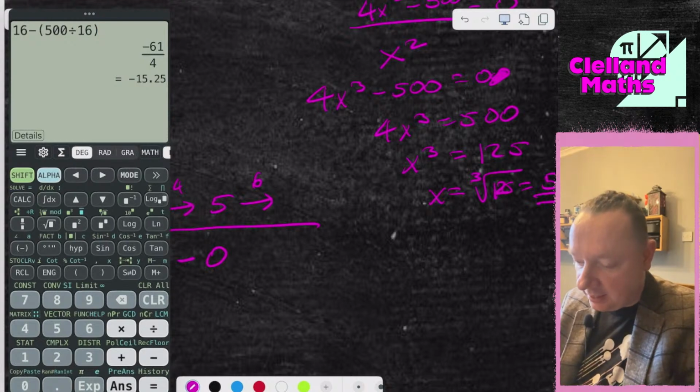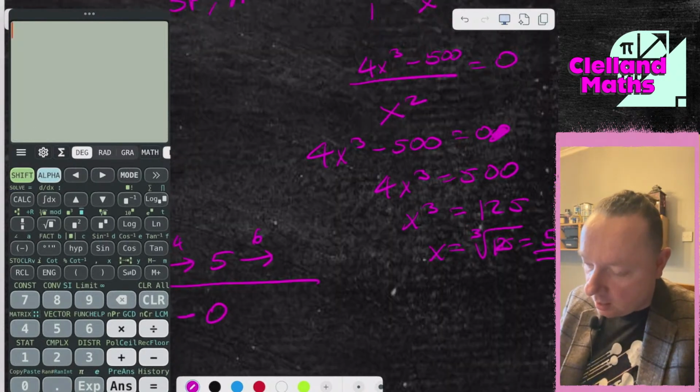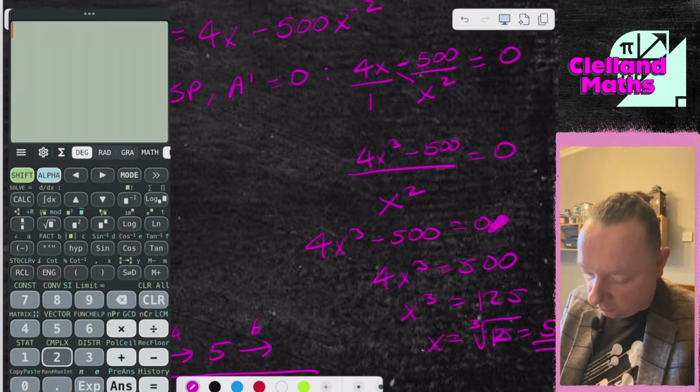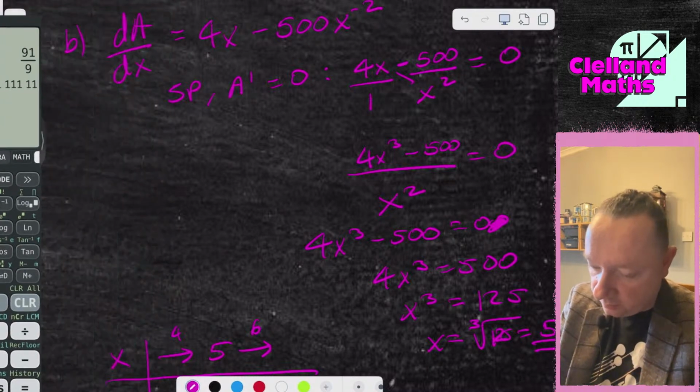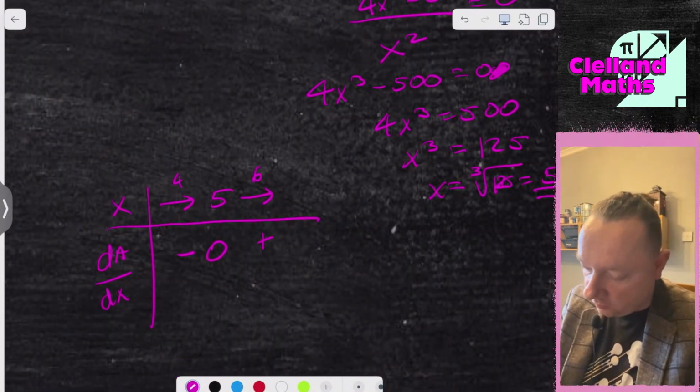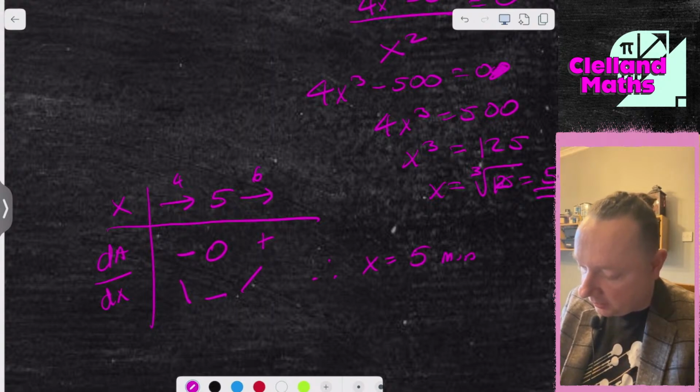And then putting 6 in, we've got 4 6s is 24 minus 500 over 6 6s is 36. We can see that's positive. So there's our shape, and therefore x equals 5 is a min TP, so it minimizes the surface area.